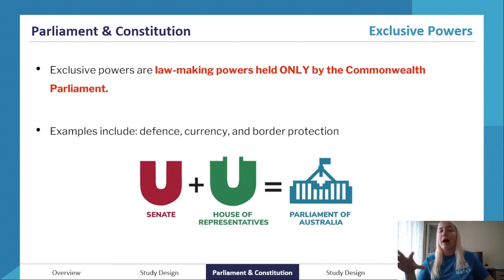Residual powers are the powers that belong to the states and the matters on which the states can legislate. What I'm saying is, there are actually not that many exclusive powers, just because the whole nature of the concept, the Commonwealth level law applies to areas that refer to international trade relations, and there's not that many.